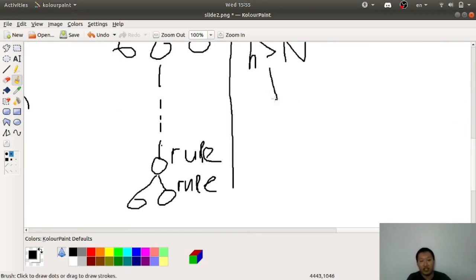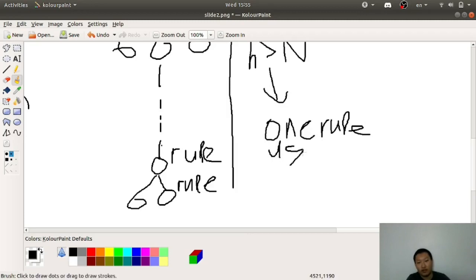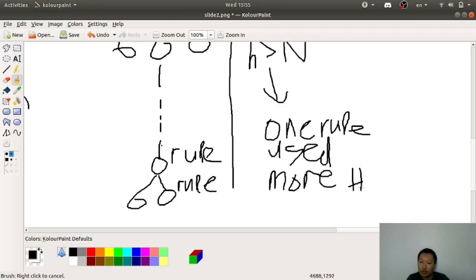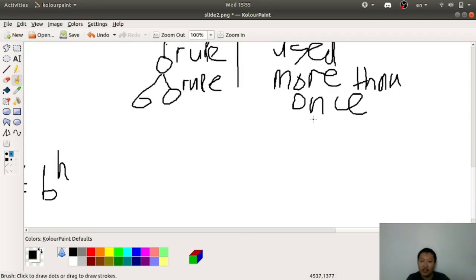Okay, so the idea here is that one rule must be used more than once. And so because of that, there has to be some sort of loop.